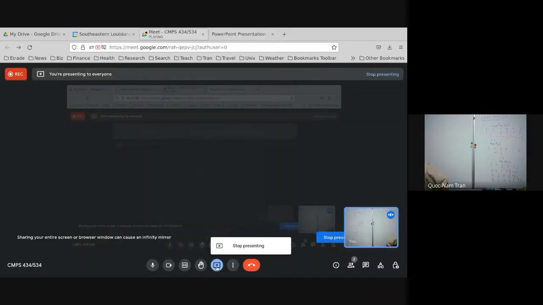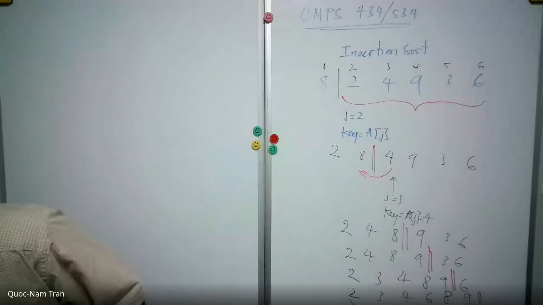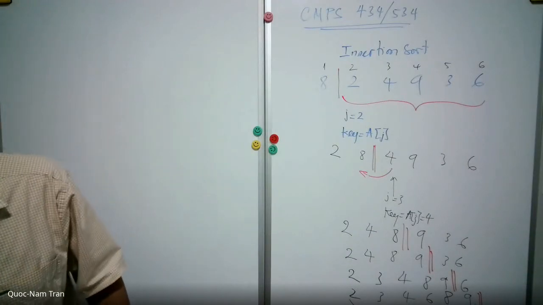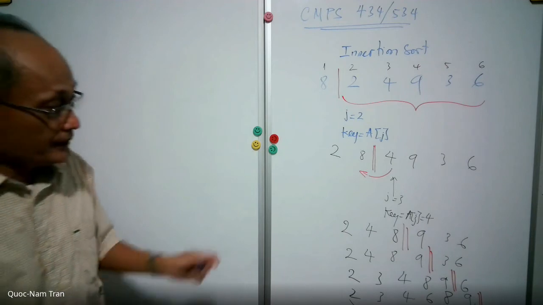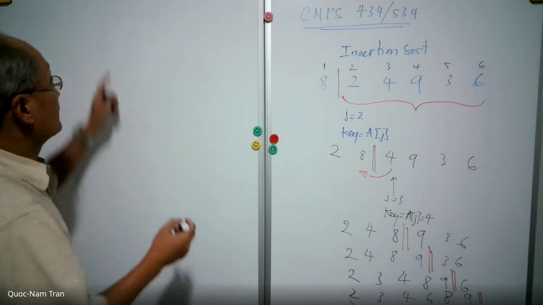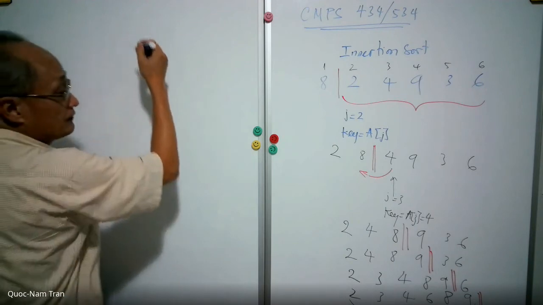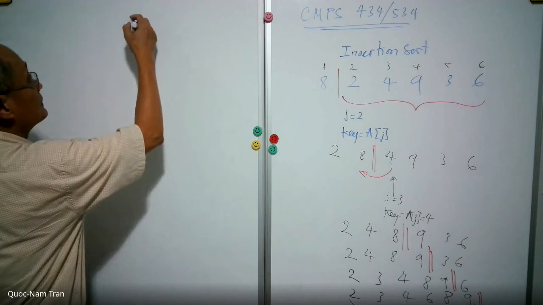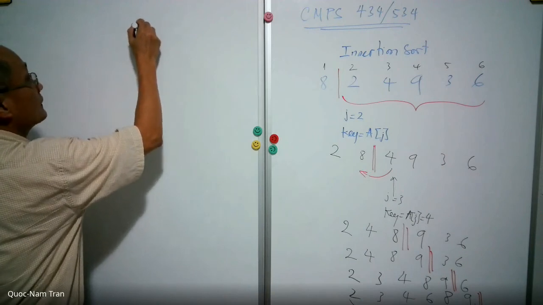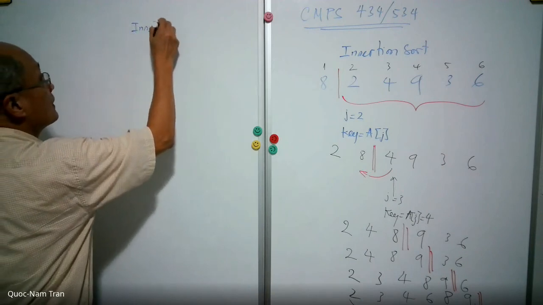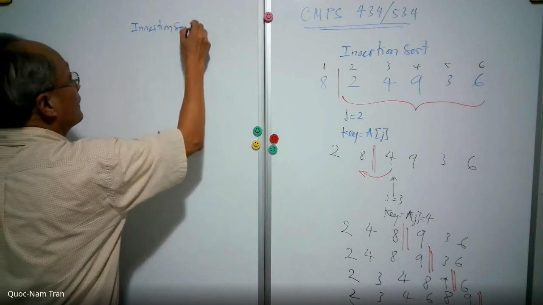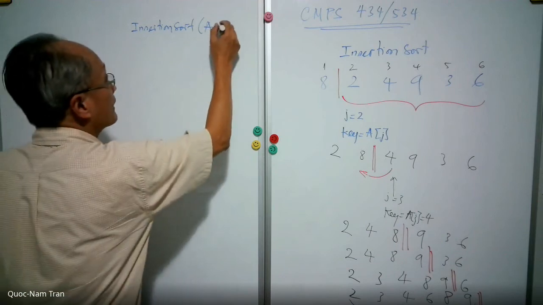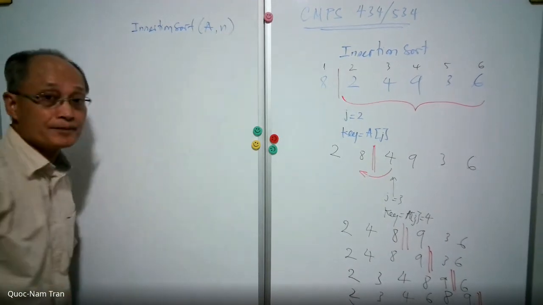All right. Now we will try to do it here on the whiteboard. What we will do is as follows. We will try to convert the design into the pseudocode. So, insertion sort. The input is an array that has n elements, right?